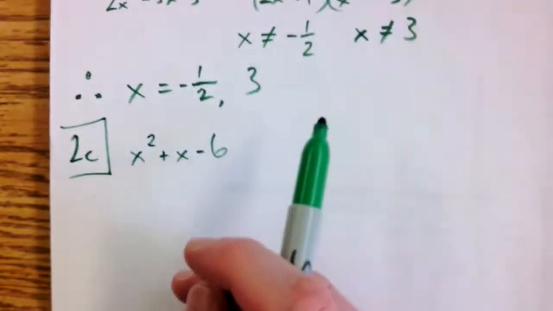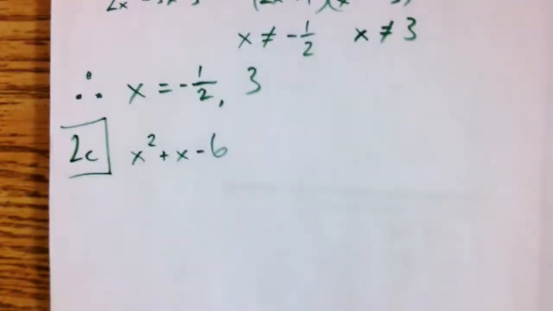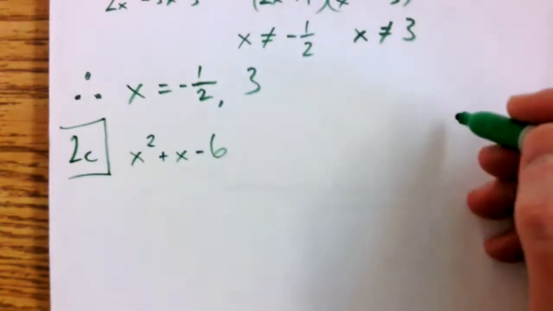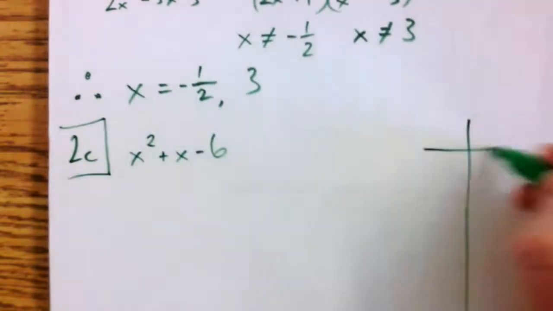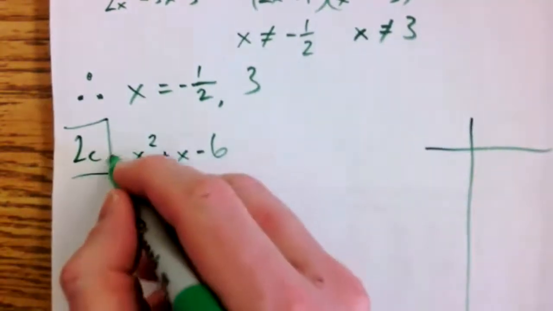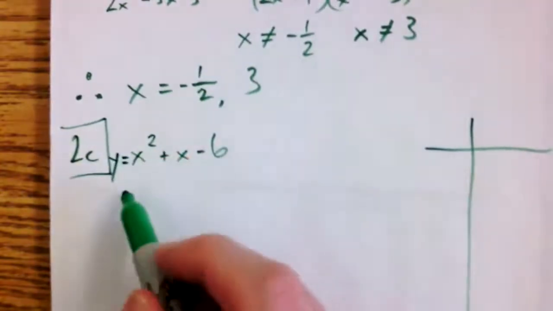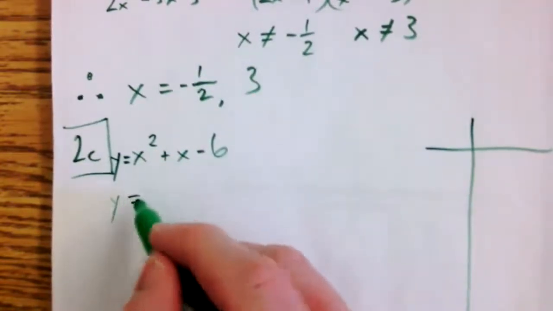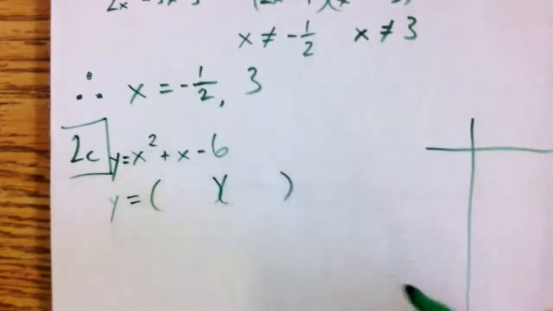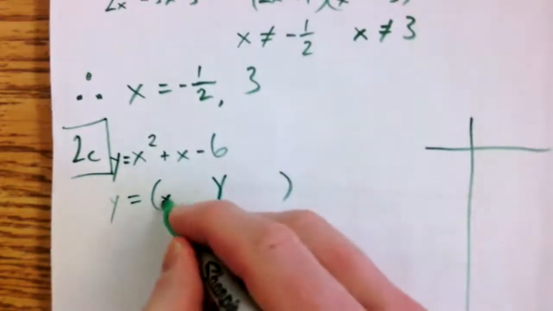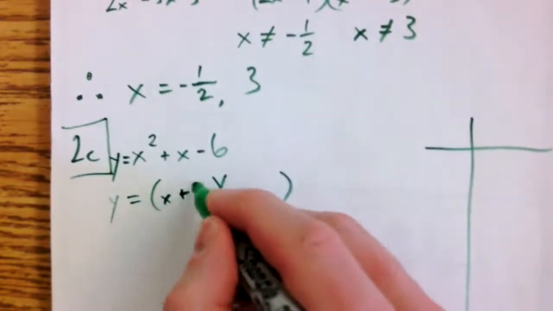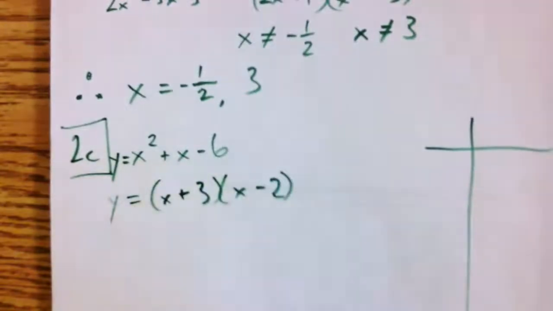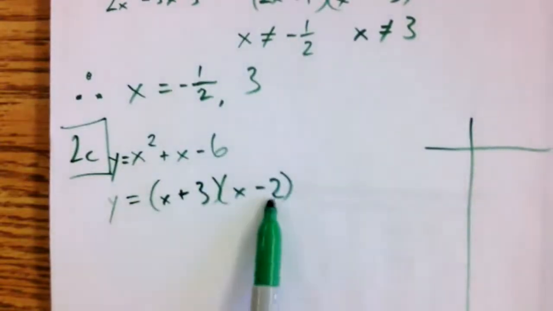So you can do this with a table of values, which is one way of doing it. When you factor this, I'll tell you a little tip. When you factor this, y equals x plus 3, x minus 2. These are the zeros.